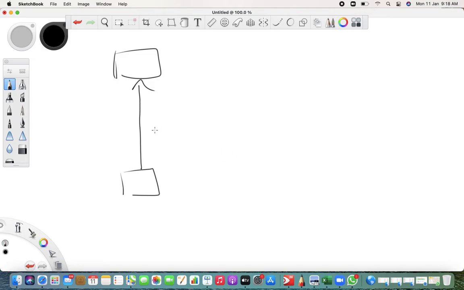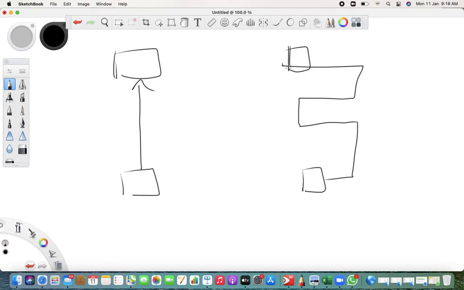This is the path of an object. Now let's say one person is going in a lift and another person is going on the stairs, and then it reaches here. So basically the height will remain the same. This height and this height are the same.